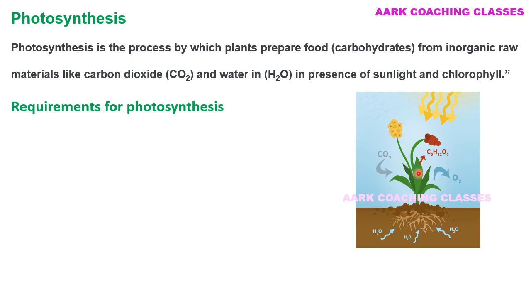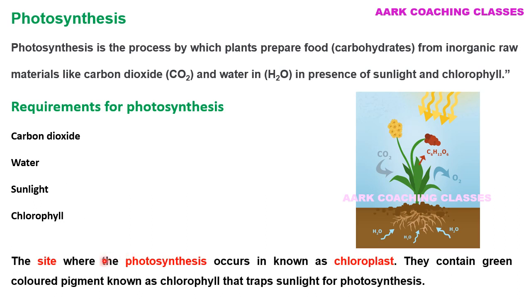Now, what are the requirements for photosynthesis? These are the requirements. You need carbon dioxide, you need water, you need sunlight, and you need chlorophyll. The site where photosynthesis occurs is known as chloroplast. It is a cell organelle found in plant cells.